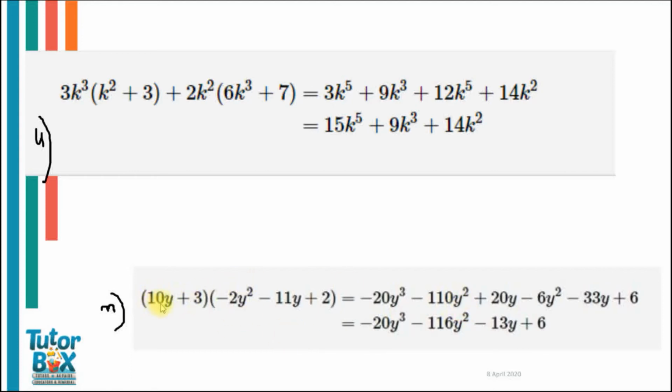So we have 10y, right, and then times minus 2y squared, that's minus 20y cubed, right? And then we have 10y times the minus 11y, we get minus 110y squared, and then 10y times the 2, we get plus 20y.